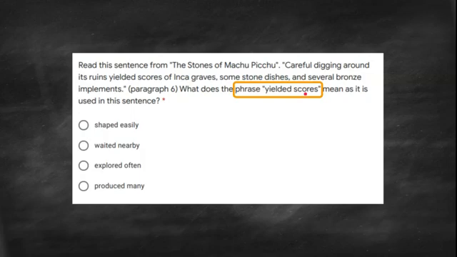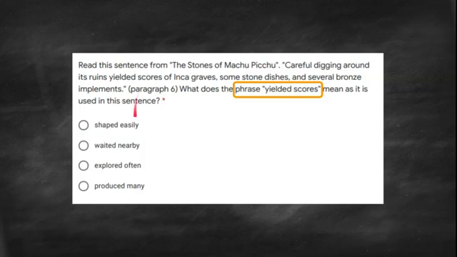Okay, but that doesn't make sense in this sentence. It says, "careful digging around its ruins yielded scores of Inca graves." So slowing down scores does not make sense right here.